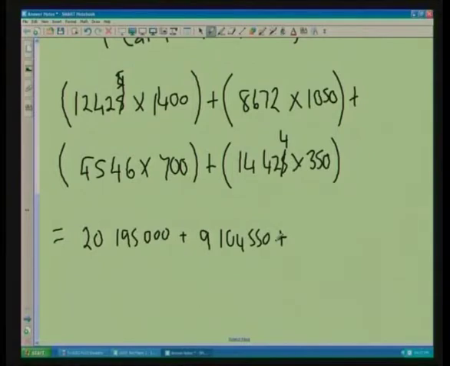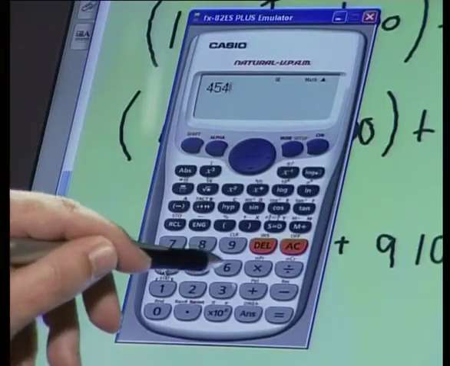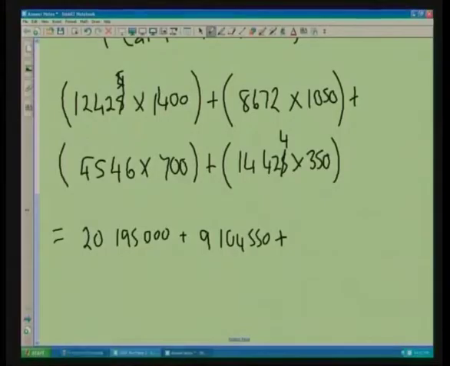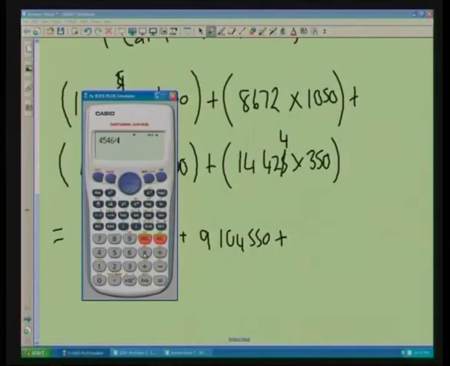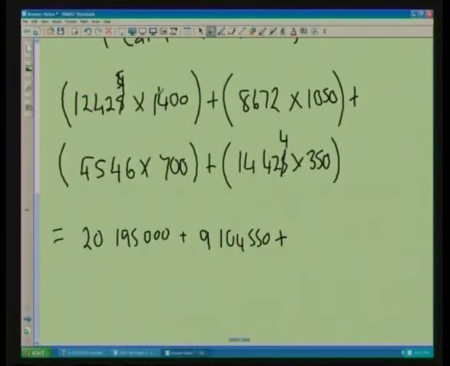The third bracket is 4,546 multiplied by 700 for these tickets. And there we go. Answer there is 3,182,200.